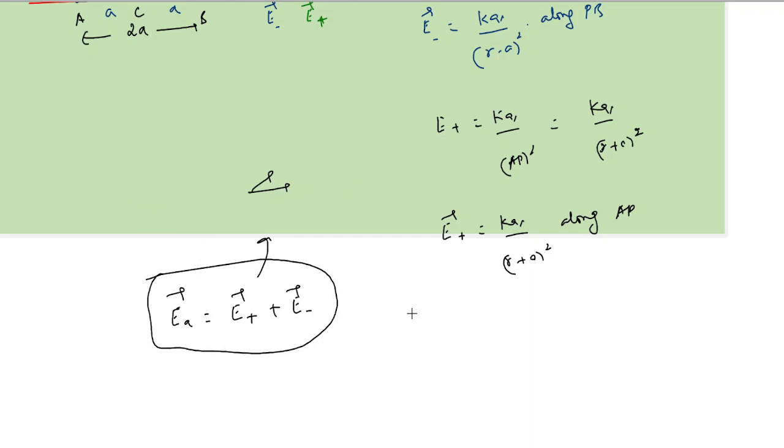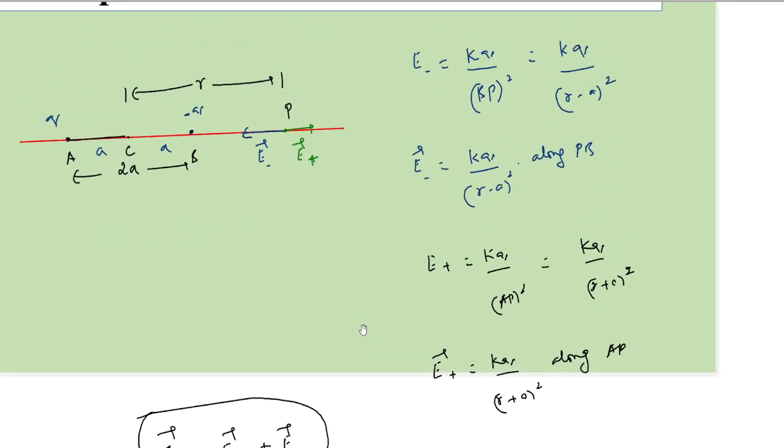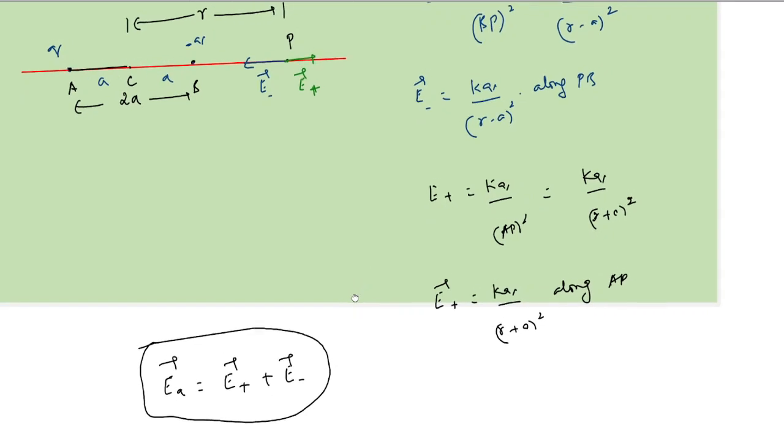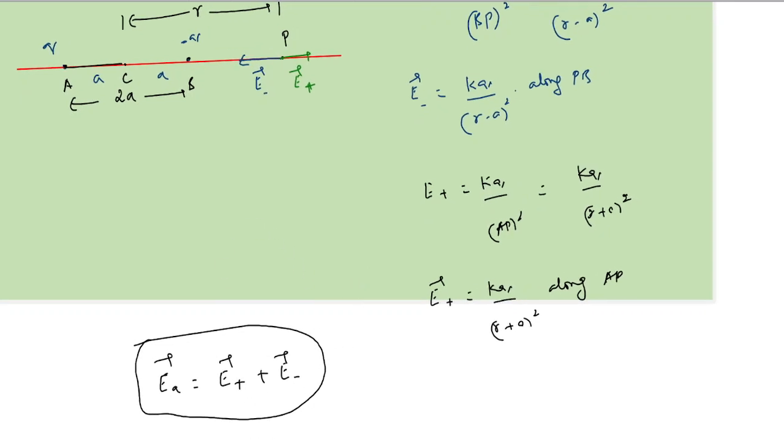But in case of one dimension, because here E plus and E minus are in the same direction only, in that case signs are sufficient. So if you assume this is a plus direction, because recall here E minus would contribute more because it is close to the point P. If you call this as plus direction, then this equation transforms to the form EA is equal to E minus of E plus.